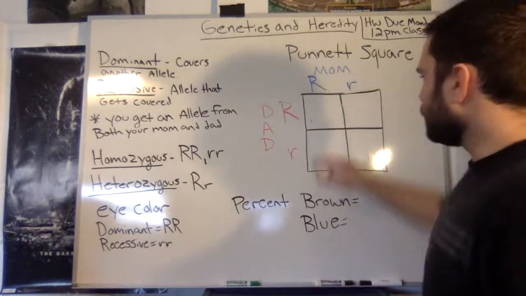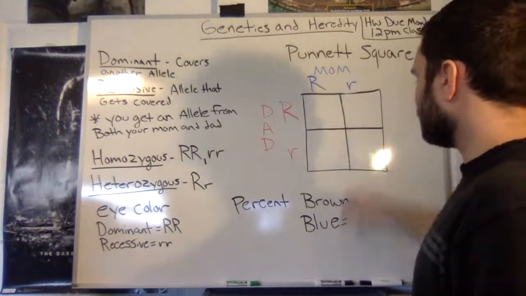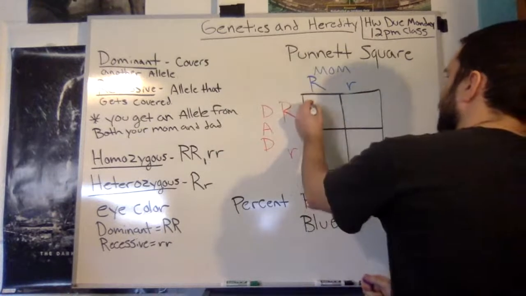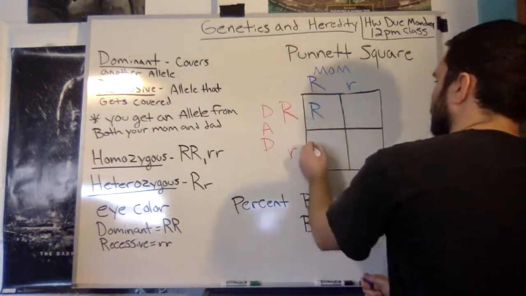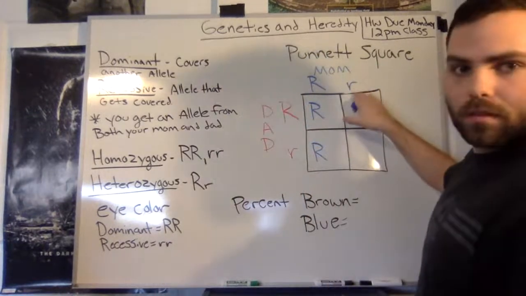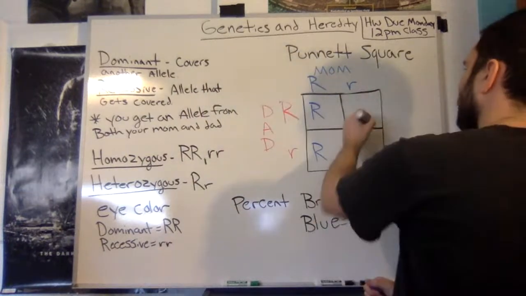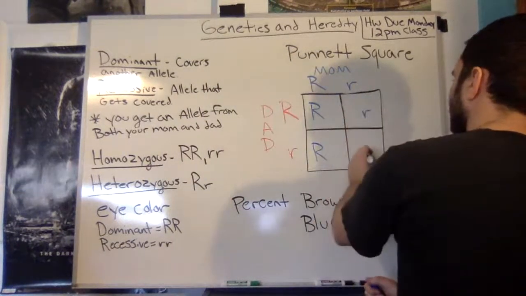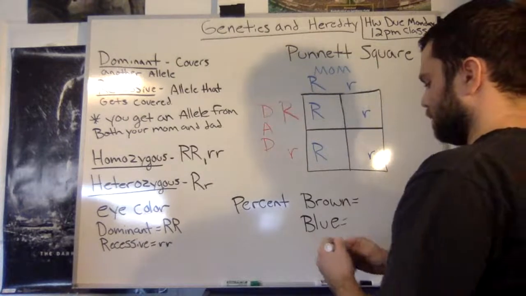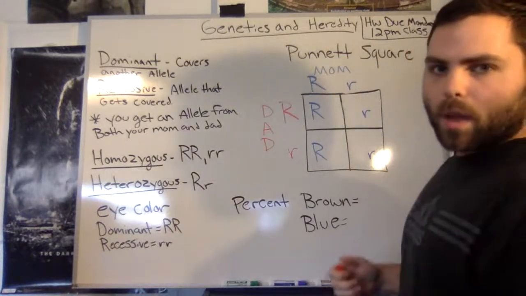All right. So now we're going to do the same thing. We're going to plug everything into the Punnett square. So we're going to go capital R, capital R. But this time, now that it's lowercase r, we're going to put this over here. Now we're going to do the same thing for dad.